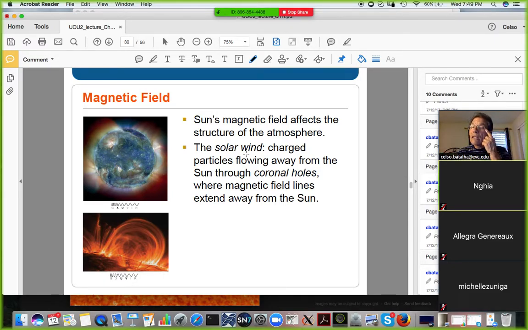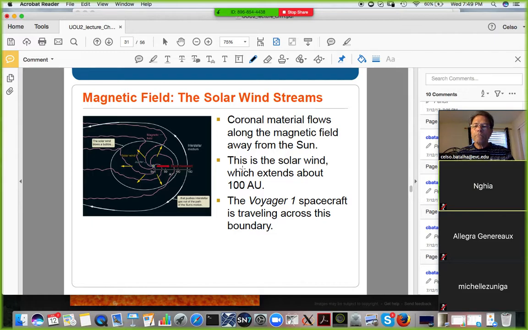But those details, you don't need to worry about. Just to say, the solar wind is somehow guided and controlled by the sun's magnetism. And you can see more or less here, right? So all these twisted lines are pretty much the sun's magnetism.